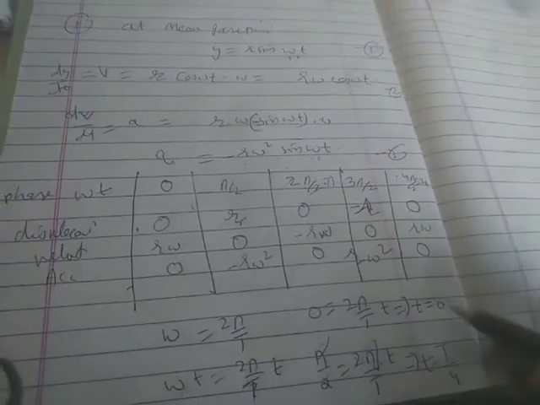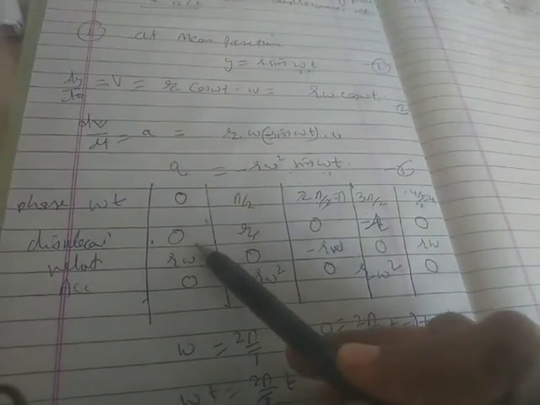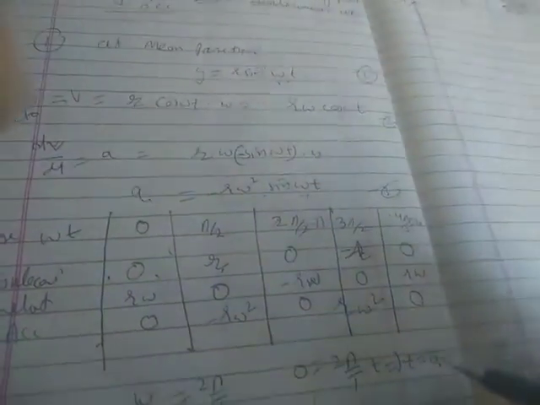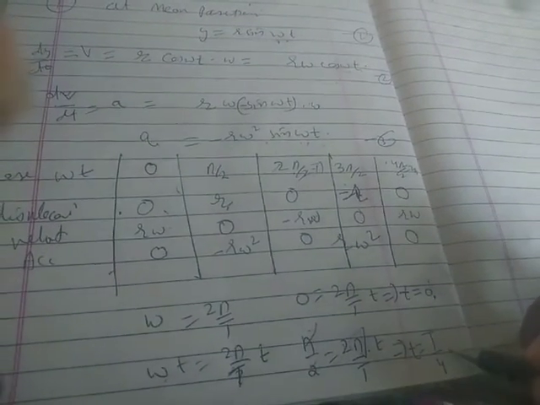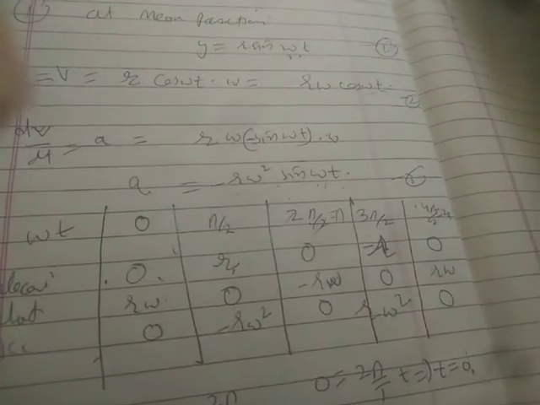Now when capital T is equal to 0, small t is equal to 0, then this displacement is 0, meaning here. Then second one, when t is equal to T by 4, then this is equal to r, meaning here it is r.